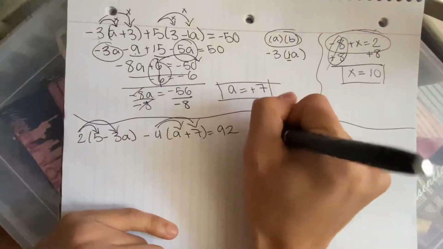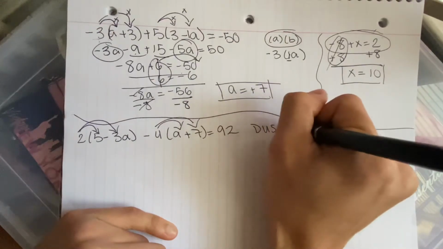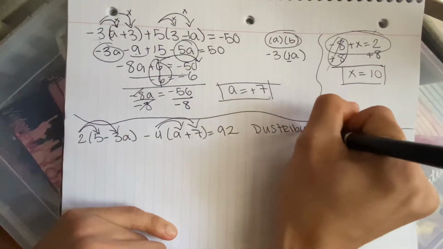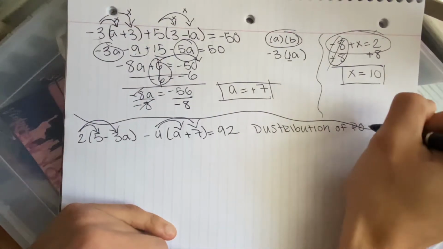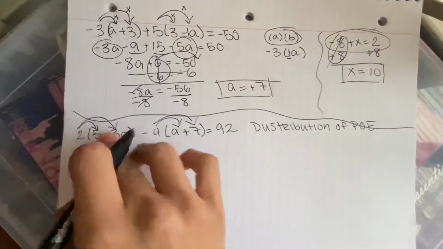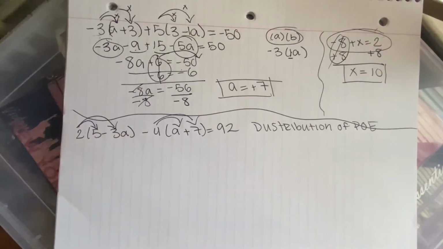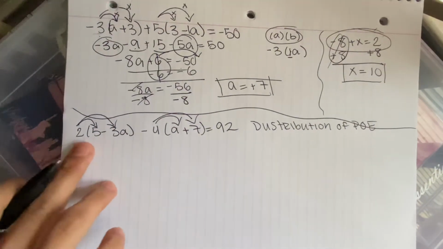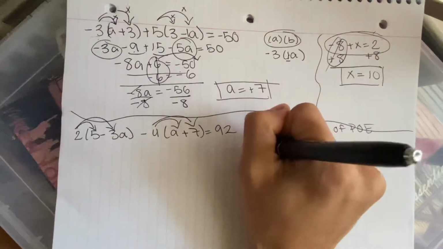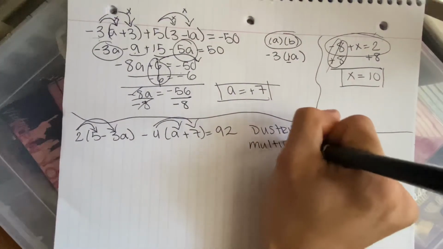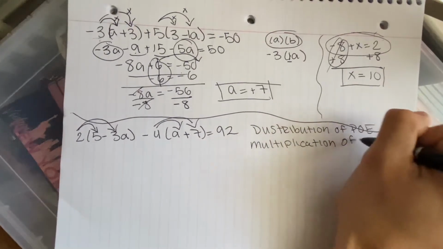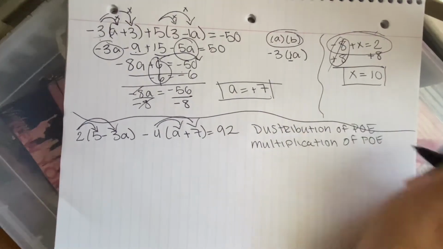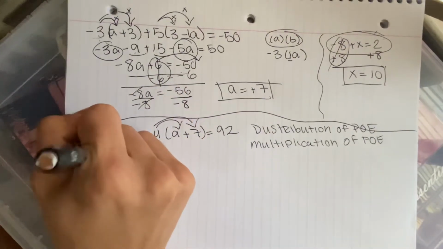This is what we call the distributive property of equations, because we're distributing the numbers into one another. Next, we're going to multiply, right? So this is multiplication of properties of equations.